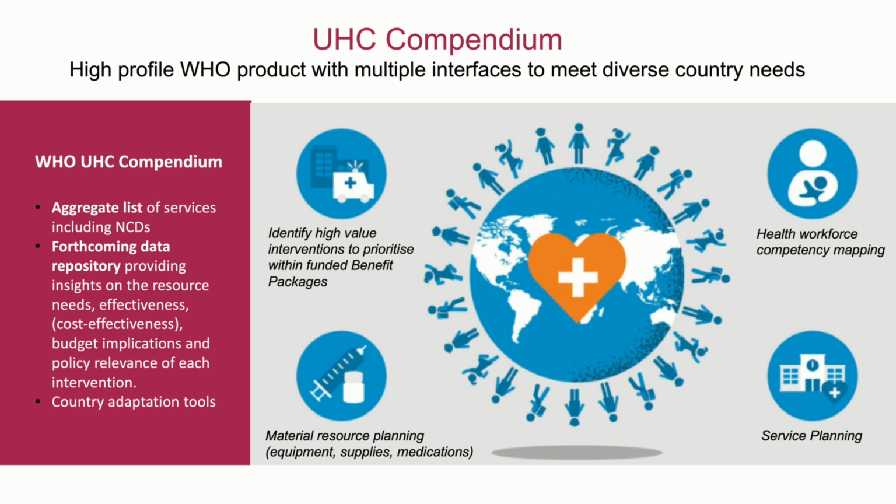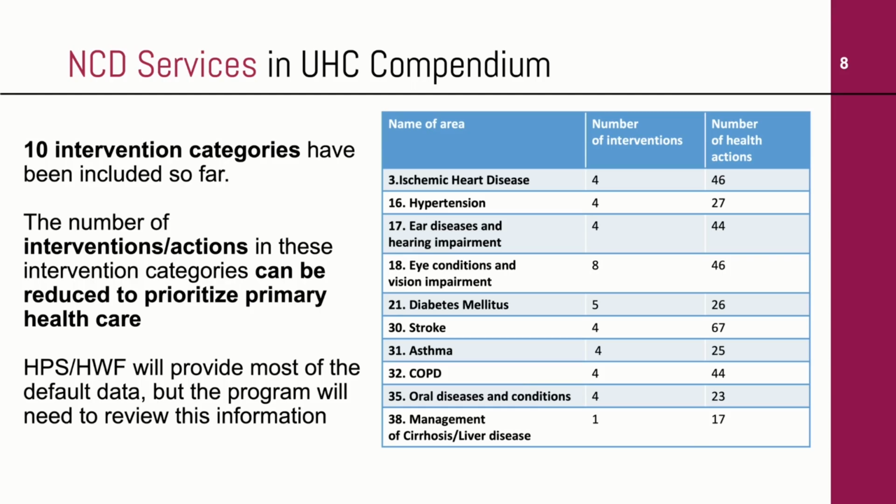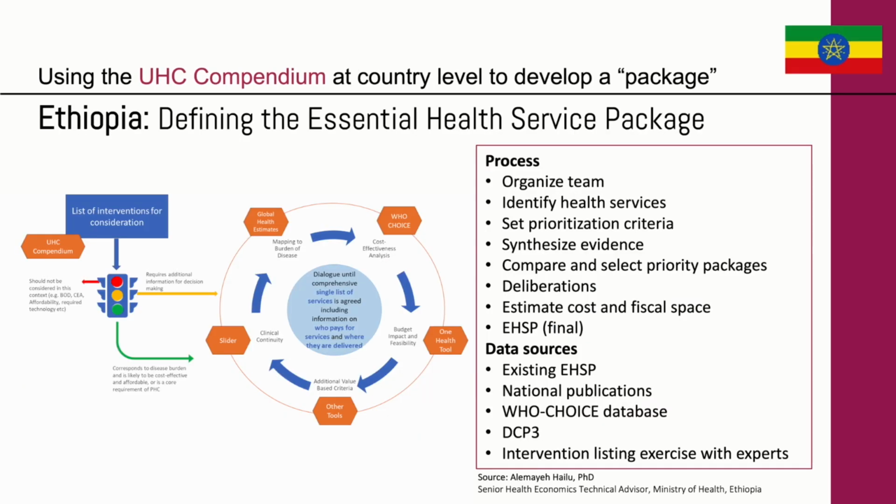That is being developed in WHO, and you'll see in this next slide some of the NCD services that have initially been put in there with their workforce, medicines and infrastructure implications for you to use at the country level.